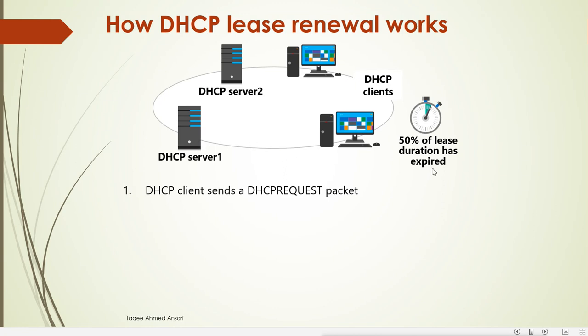But if the server is not available, then it will again send a request for the DHCP server. Remember, it starts sending the request within the 50% of the lease time duration, because maybe the server is not available.